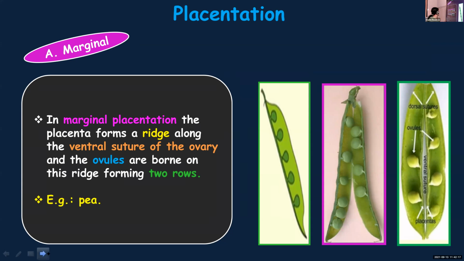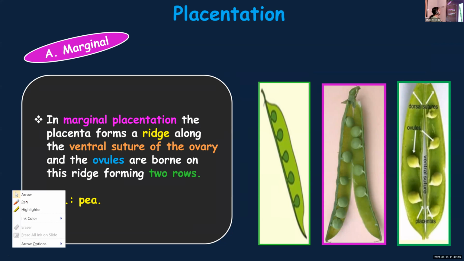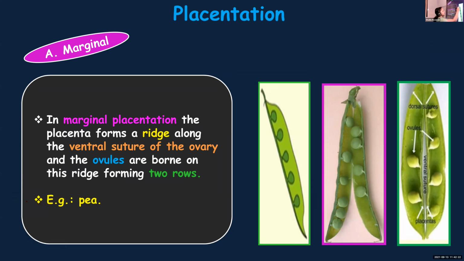As you can see in the figure, the placenta forms a ridge along the ventral opening, and to this ridge ovules are attached. They form 2 rows: this is one row, this is the second row.